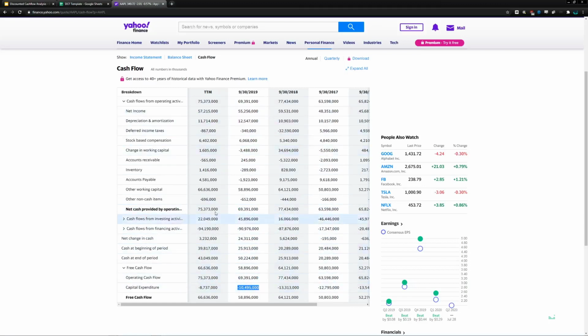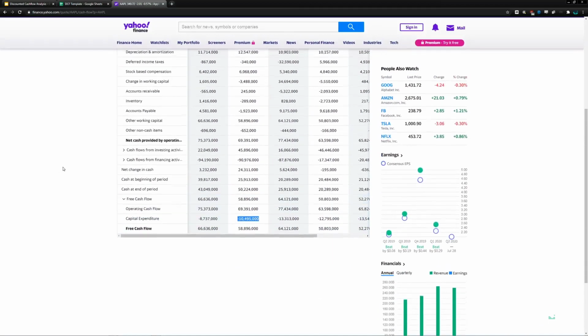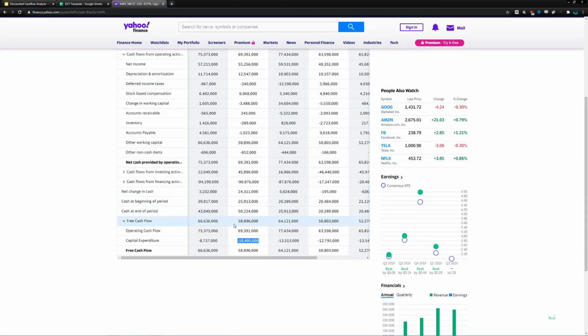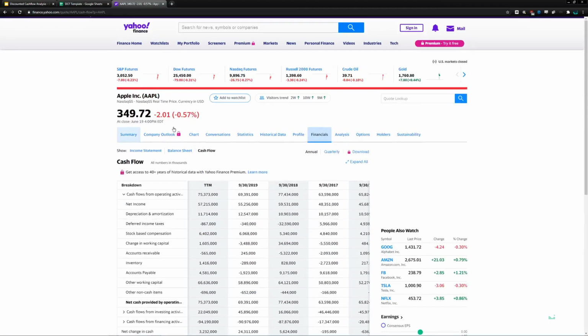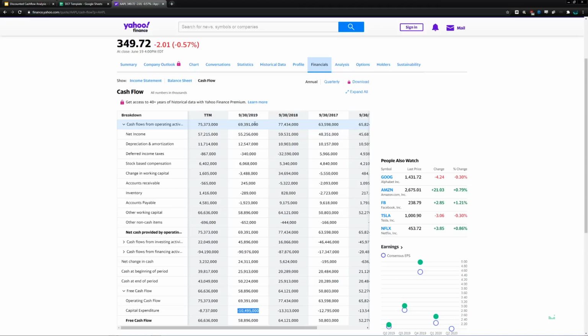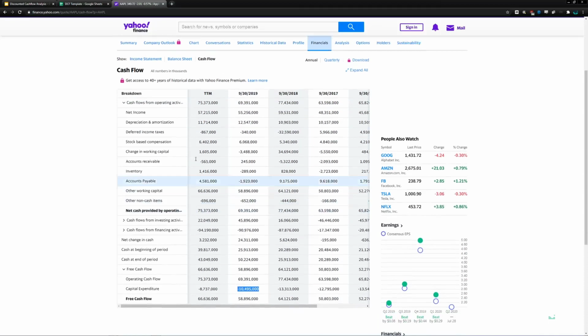We're not going to use trailing 12-month data. We want to use annual data just because that's sort of point in time. At least for this type of analysis, you want to use annual data. And I think that you can do discounted cash flow with quarterly data as well, but I usually just do it with annual data because I'm projecting out 4 or 5 years in the future. So anyway, this is where that information comes from.